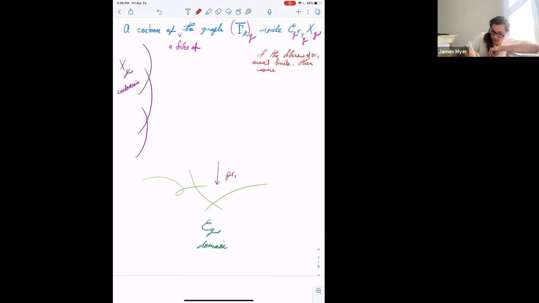So if the fibers aren't finite, then some curve in the graph, in the closure of the graph, like this fiber or whatever, is contracted by PR1. So the picture to have in mind is, imagine you have some vertical component, and then when you take the projection, that thing gets smushed to just a single point, like this. We're trying to rule out this possibility.